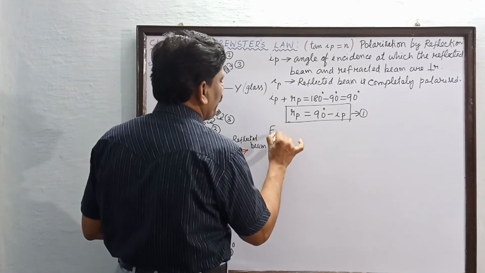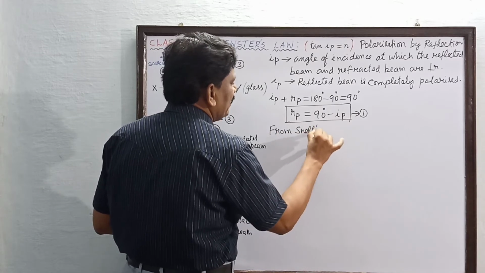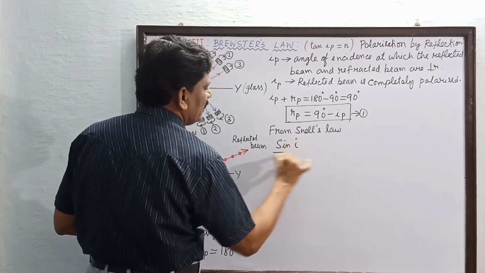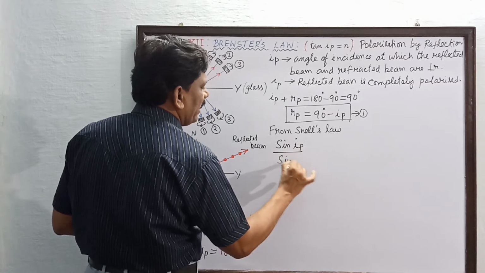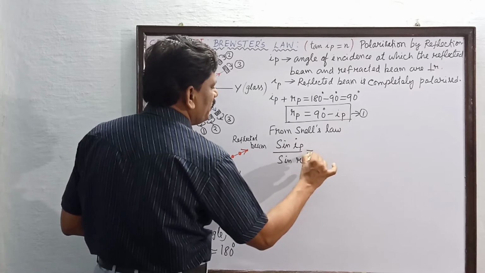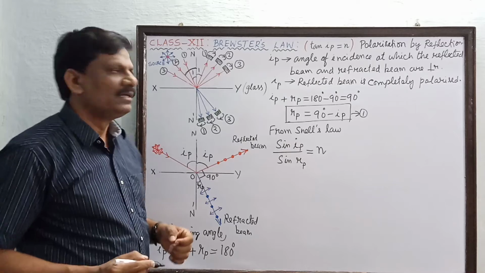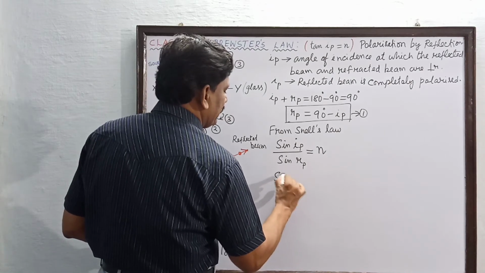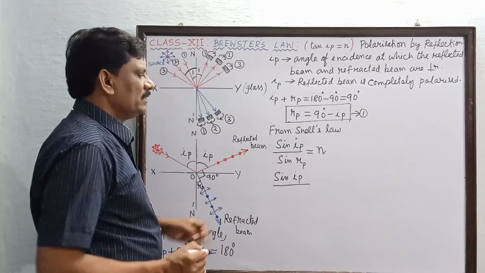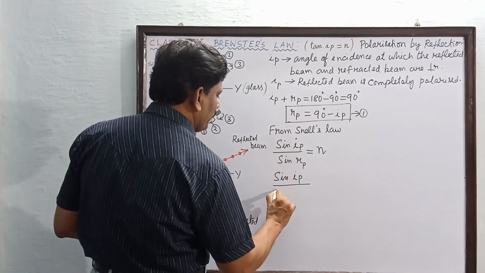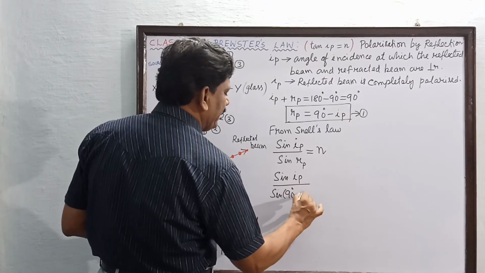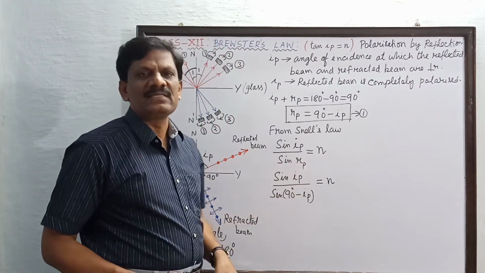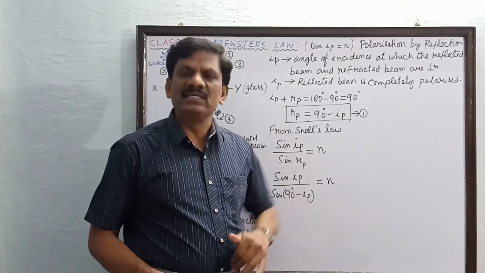Now, from Snell's law of refraction, sine of the angle of incidence divided by sine of the angle of refraction RP must be equal to the refractive index of the medium, that is glass, that is N. This is again rewritten as sine IP divided by sine of 90 minus IP, is equal to N. Now, sine of 90 minus theta is equal to cos theta, is it not?